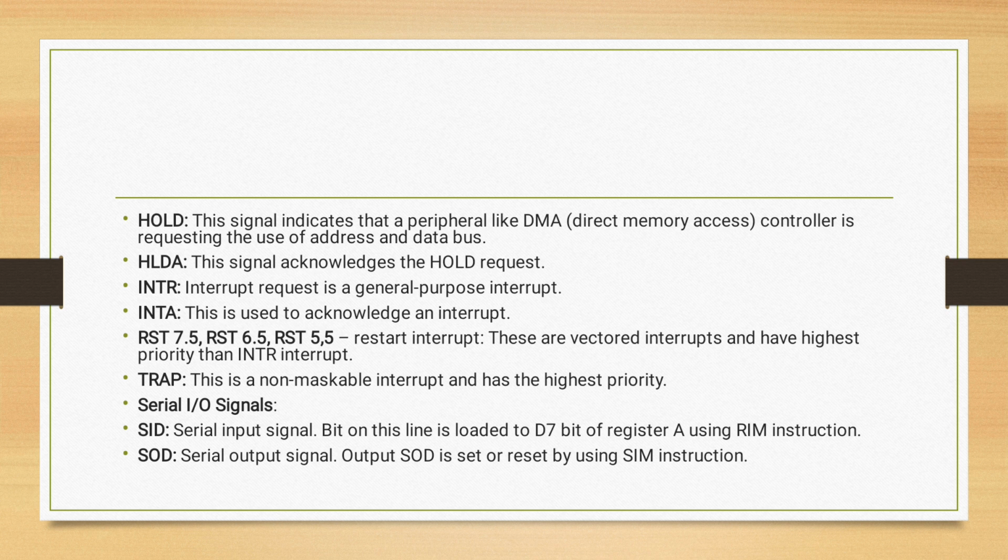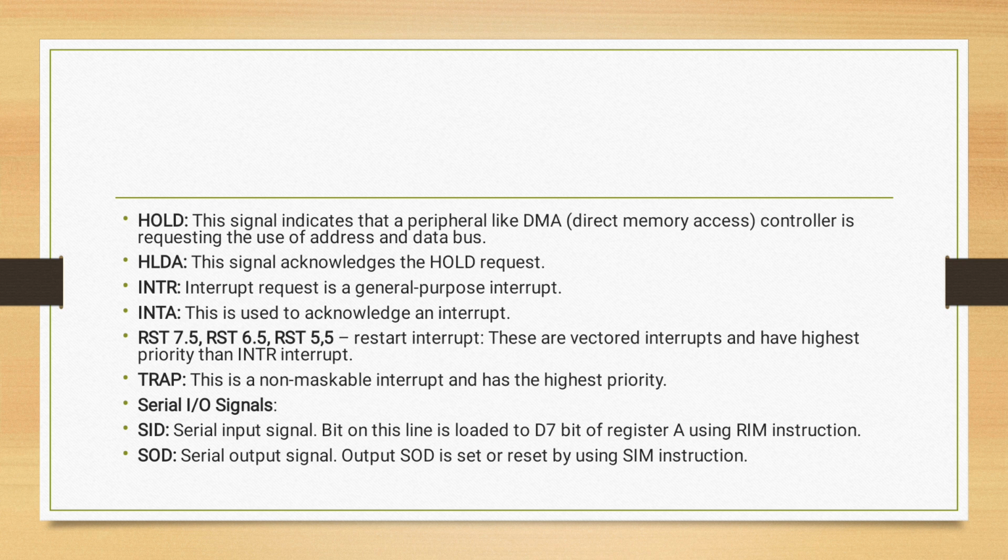There are several other pins which represent the interrupt pins: RST 7.5, 6.5, 5.5 and TRAP. These are the basic interrupts. Among all of the interrupts, TRAP is the highest priority interrupt, and the location from which the next instruction is picked up is 0024.